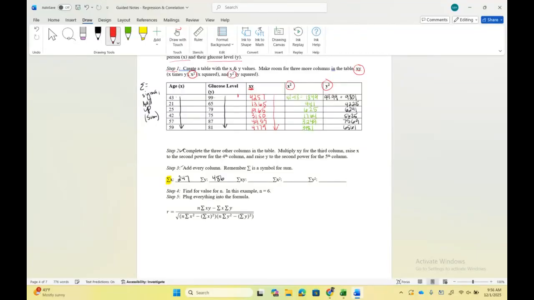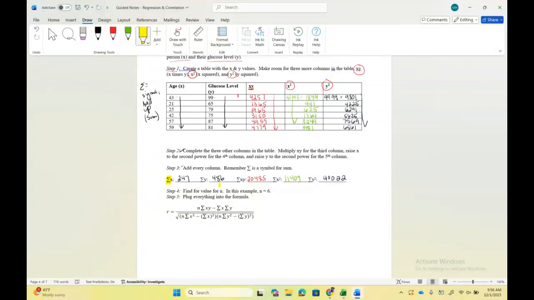We add up all the x times the y, all the x squareds, and then all the y squareds. We double check that and we're good to go.